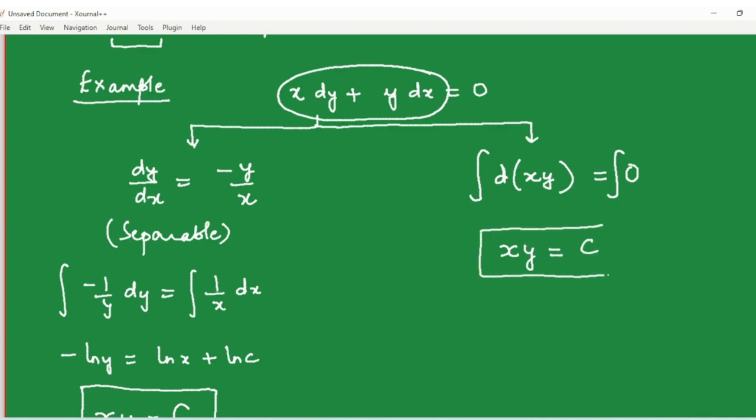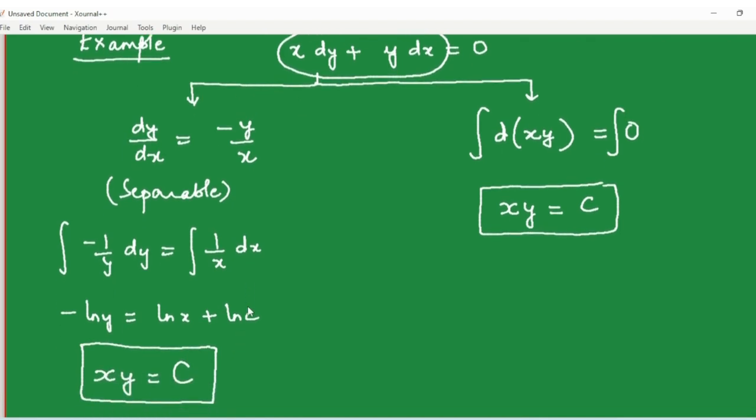So we did not have to go into separating the variables and then doing two separate integrations on both the sides to land on the same answer. You just observe that the expression on the left-hand side happens to be an exact derivative, write it as that exact derivative and just integrate both the sides to get the solution in one line. Such differential equations which happen to be of this category are termed exact differential equations.